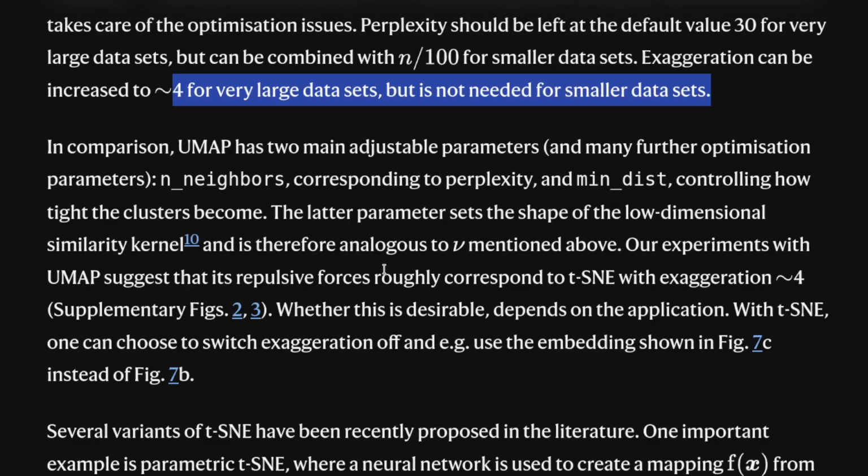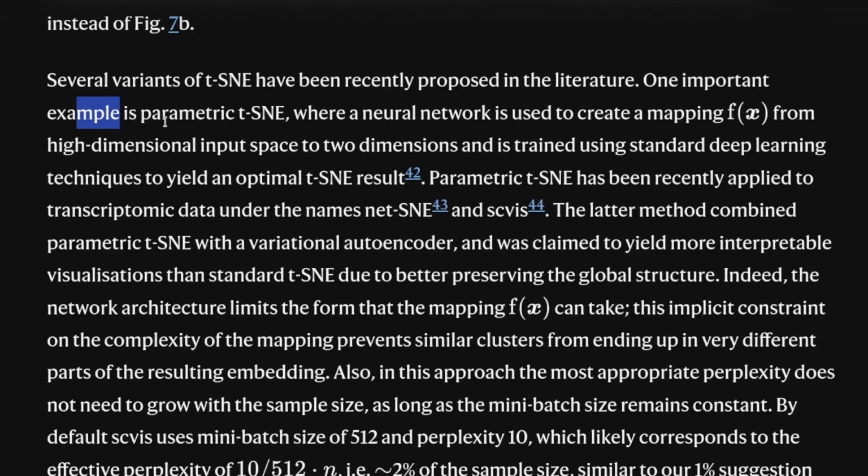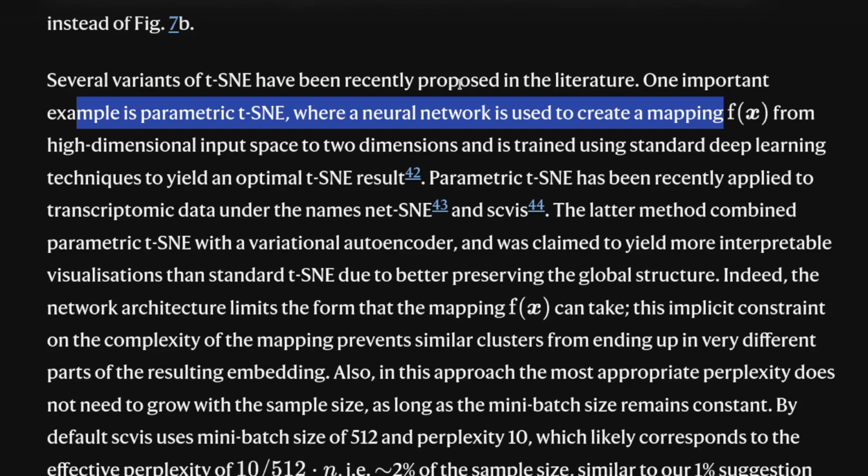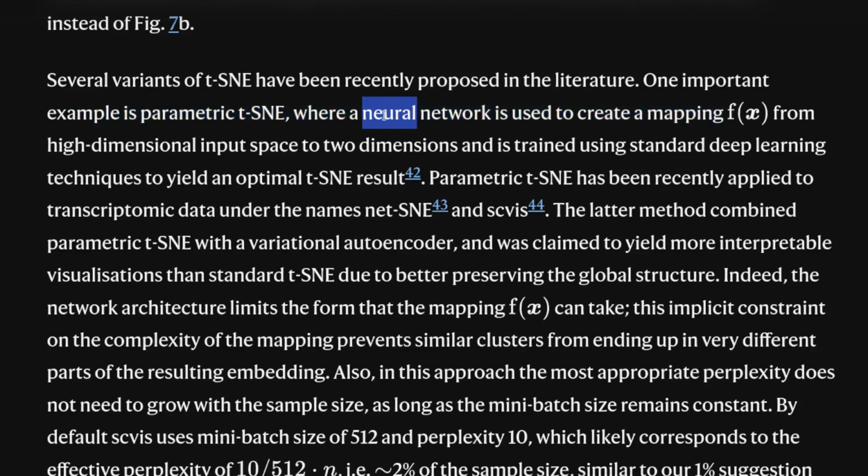Several variants of t-SNE have been recently proposed in the literature. One important example is parametric t-SNE, where a neural network is used to create a mapping from high-dimensional input space to 2 dimensions and is trained using standard deep learning techniques to yield an optimal t-SNE result 42.